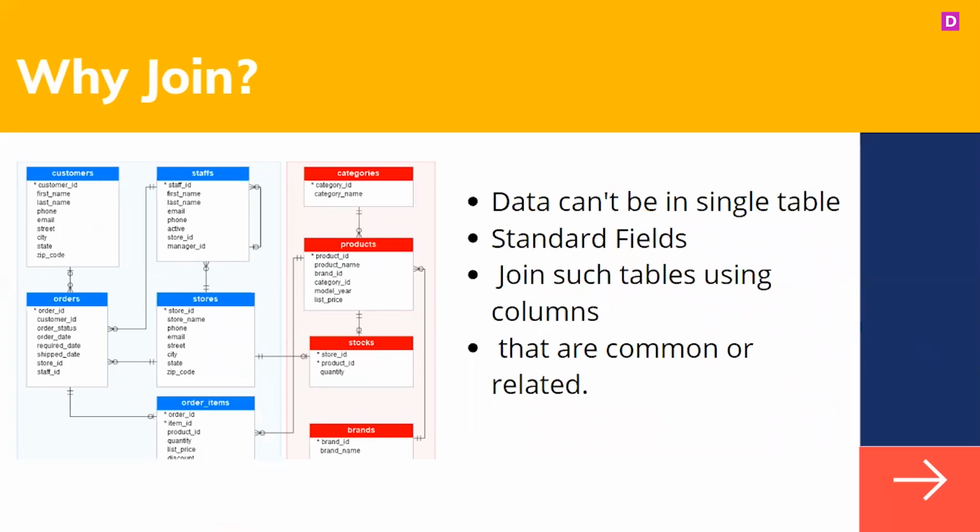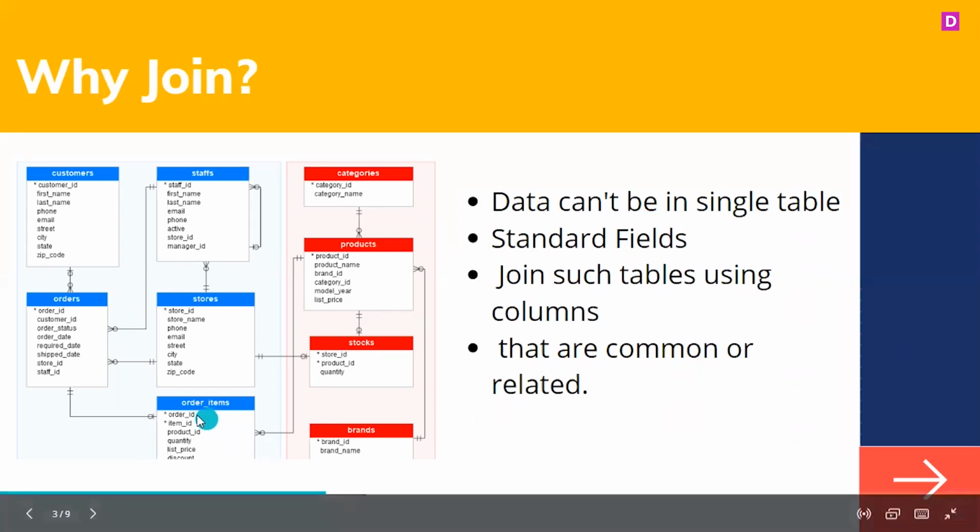Whatever I spoke theoretically, I have jotted down as points: you can perform a join when data cannot be stored in a single table and is stored in multiple tables, but between these tables you have a common field. When you have a common field, you can join the two tables using that column which is related to each other. That's the whole idea here.